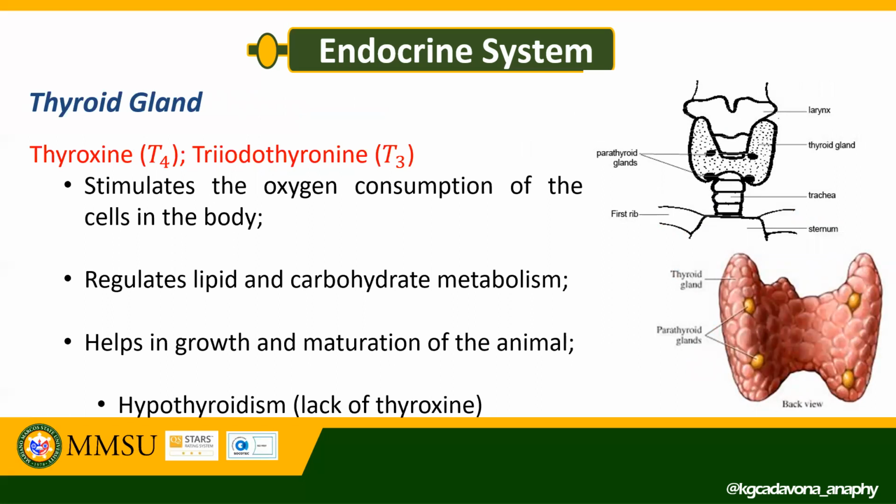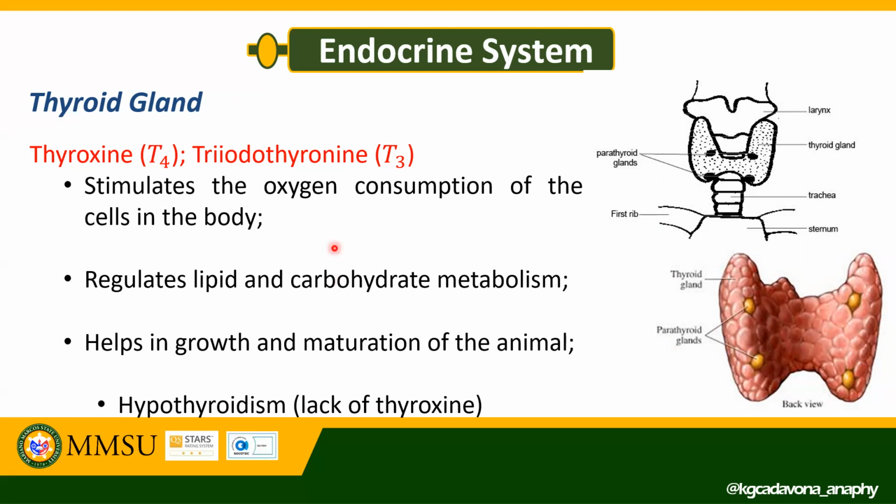Now we move forward to the next endocrine gland, which is the thyroid gland. So the thyroid gland, this is basically associated with the proximal part of the trachea near the thyroid cartilage of the larynx.